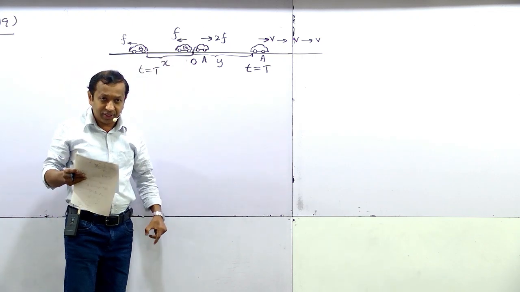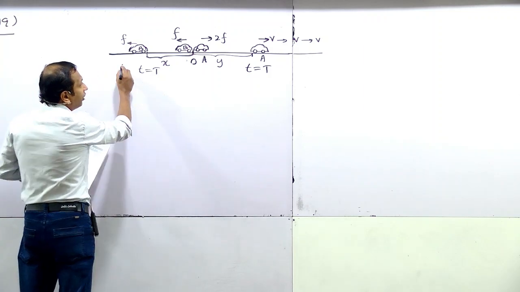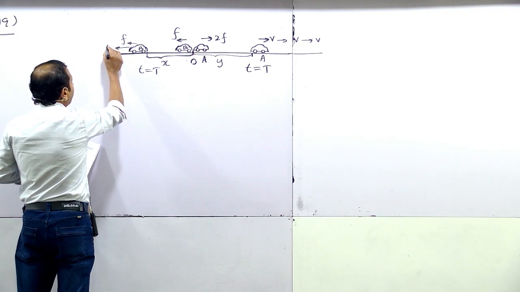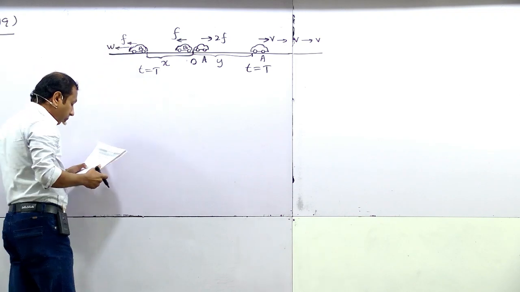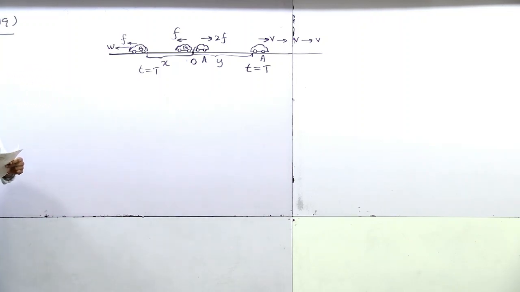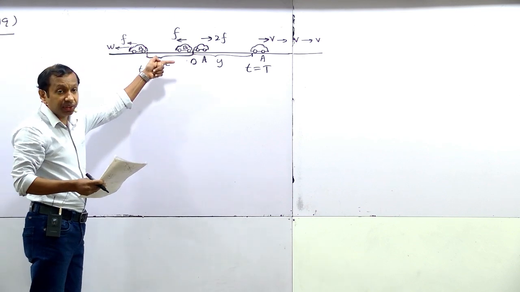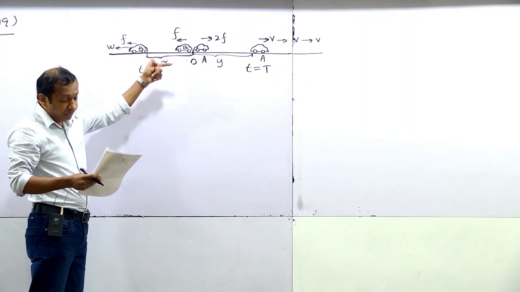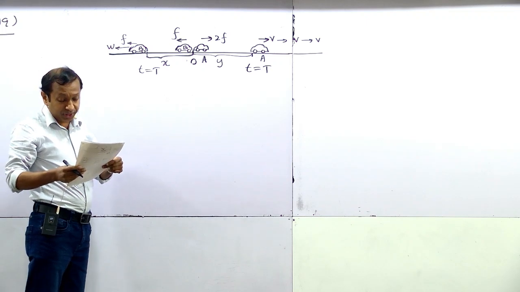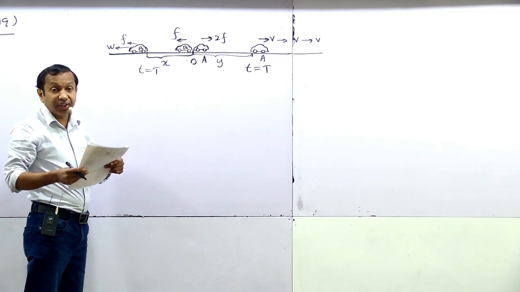Understand? If the velocity of this B at that moment I take as suppose W, we are given the car B meets another car C moving in the opposite direction of B. That means to the rightward direction only, C now moves, with the speed of B, with uniform acceleration F.